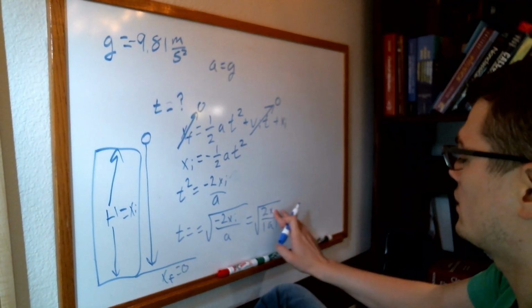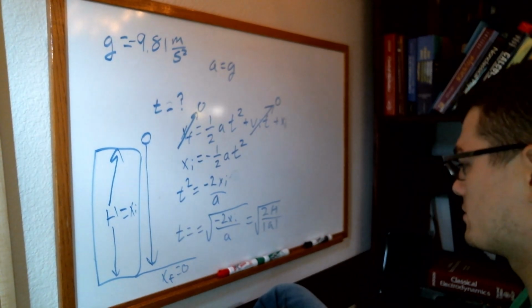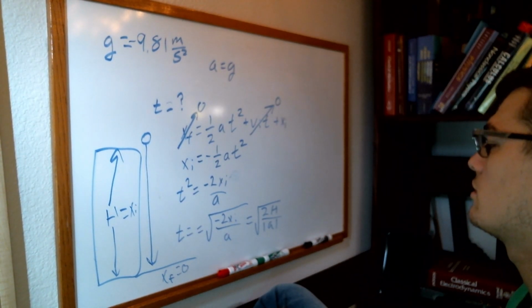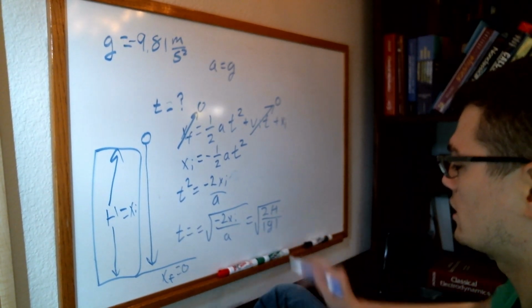And then xi is going to be equal to h. So we have 2h over the absolute value of a, or the absolute value of g, for plugging in all our constants.